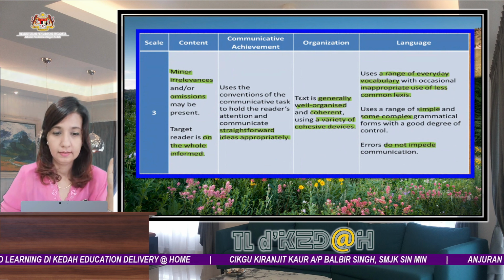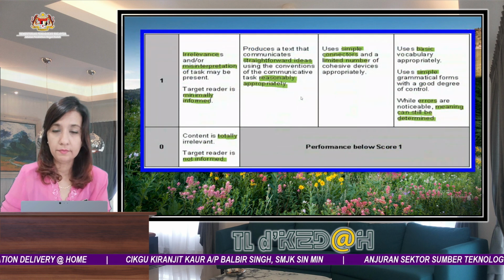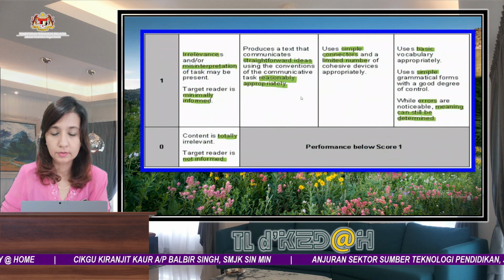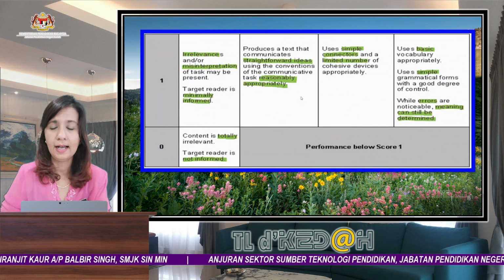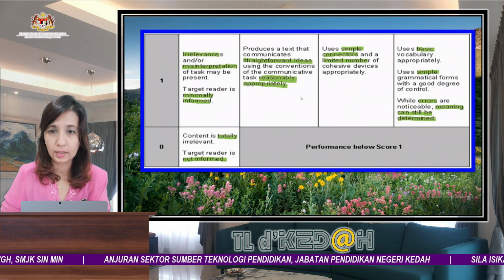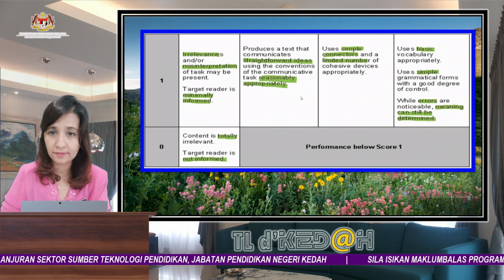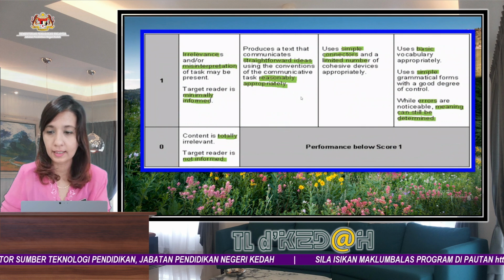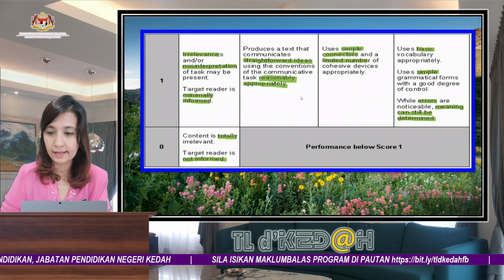Now, this is when you get 1 mark or 0. It is totally irrelevant. The target reader is minimally informed. You hardly answer the question. The ideas are not so appropriate, maybe not so clear, and connectors are very simple and very limited. Vocabulary is so basic, with a lot of grammatical errors.